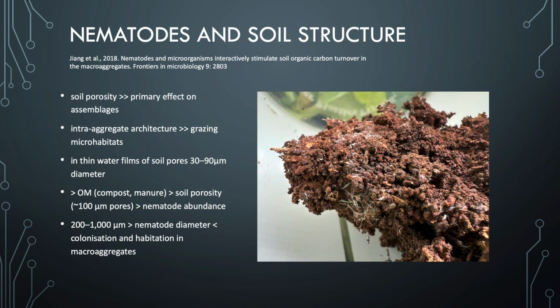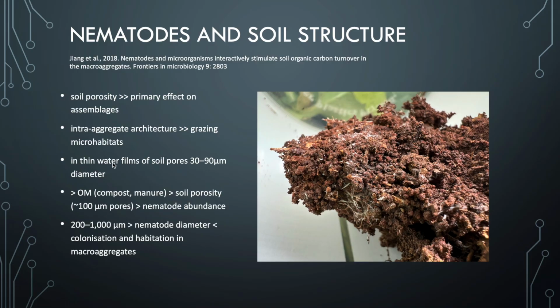So as I've mentioned before, nematode communities and soil structure are very interrelated, because soil porosity has a primary effect on nematode community assemblages. Intra-aggregate architecture, so that is the spaces between the aggregates, determines the grazing microhabitats for nematodes.